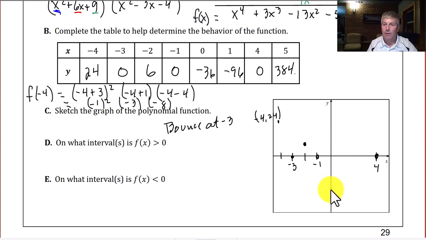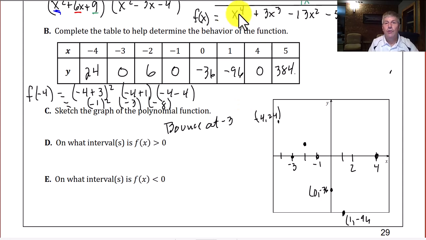So that's going to be down here somewhere. And at 4, we had a 0. At 1, we had negative 96. So that's going to be way down here. And at 5, we were just way off the charts.